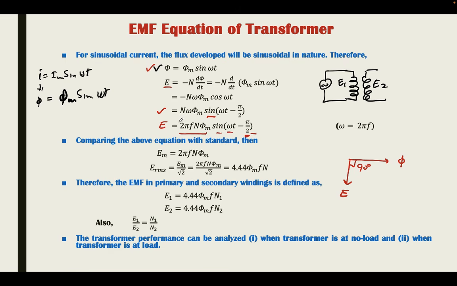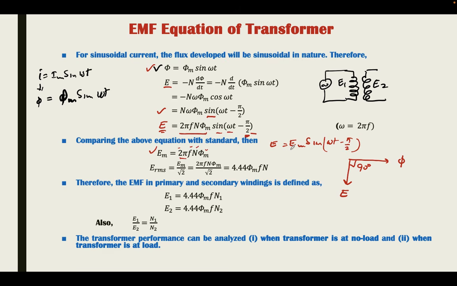Now, considering this part is constant because 2 pi f, the supply frequency, is constant, and the number of turns is constant once the transformer is designed, the maximum value of the flux also remains constant. Hence this component is nothing but the maximum value of E. Comparing with the standard, we have E is equal to Em sin(omega t minus pi by 2).